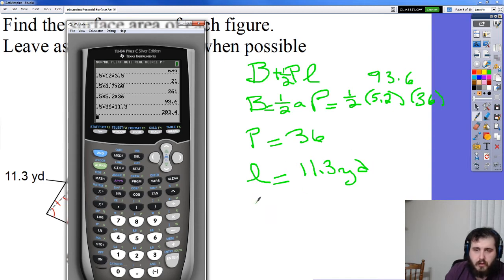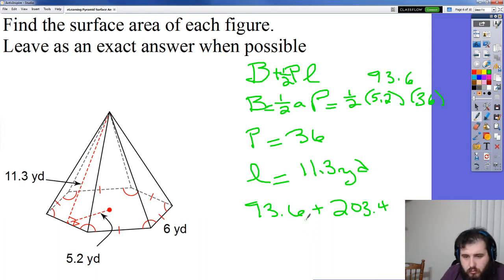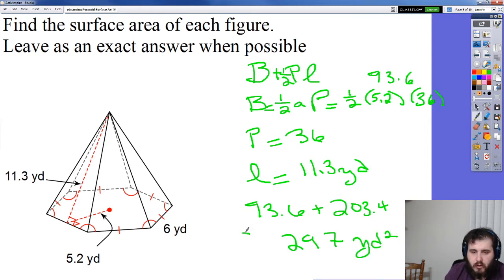So we got 93.6 plus 203.4. Lo and behold, through the magic of predetermined things, this is going to come out to be a whole number, which is nice. I think it's 297 yards squared as our surface area.